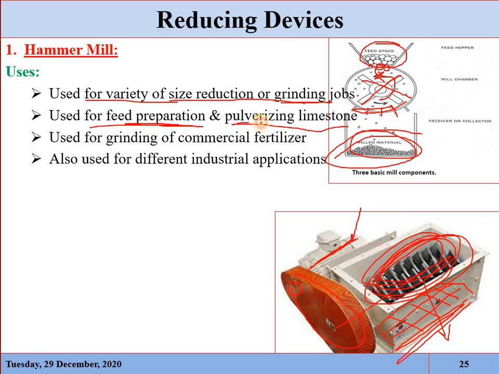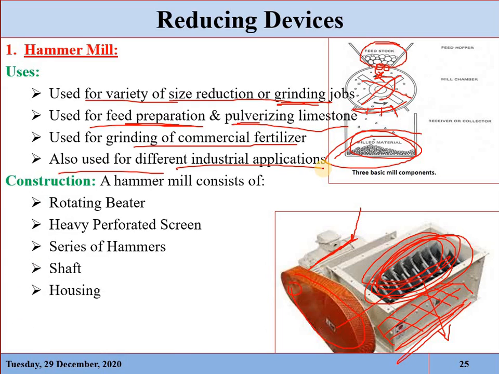The other is grinding, for example converting grain-type particles into powder form. It is used for grinding commercial fertilizer and also for different industrial applications. Simply, the hammer mill is used for grinding and pulverization, in which we can reduce large particles into small sizes.